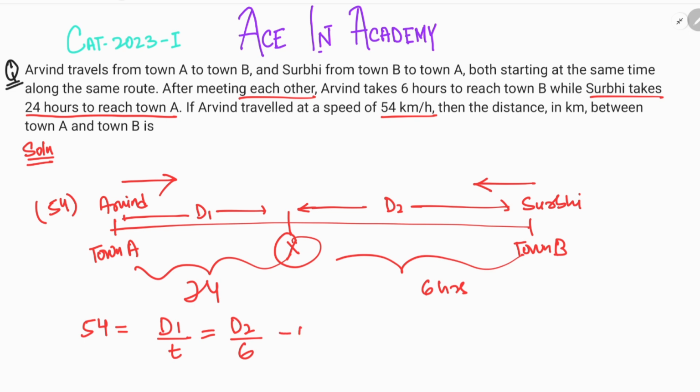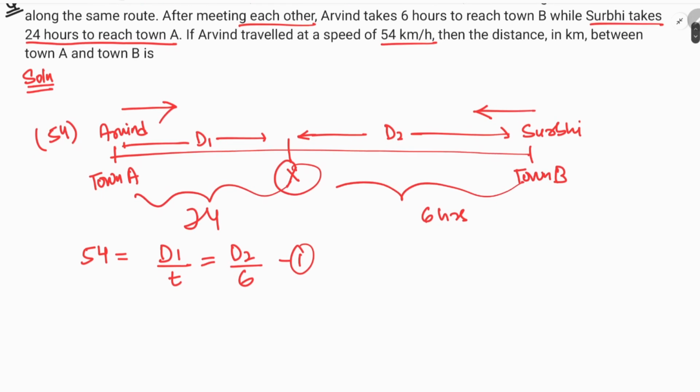So this is our first equation. The second equation is the speed of Surbhi, which is equal to K, which is equal to D1 by 24, as given in the question, which is also equal to D2 by T, because the time in which Surbhi covers D2 distance is the same as the time taken by Arvind to cover D1 distance. Now this is our second equation.